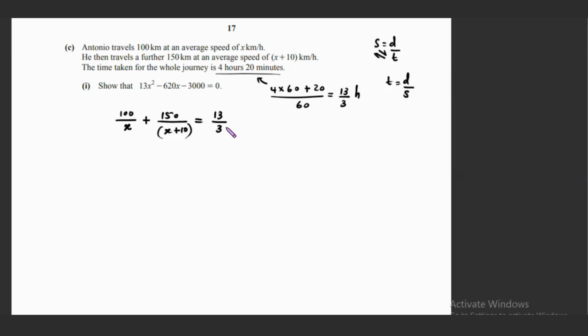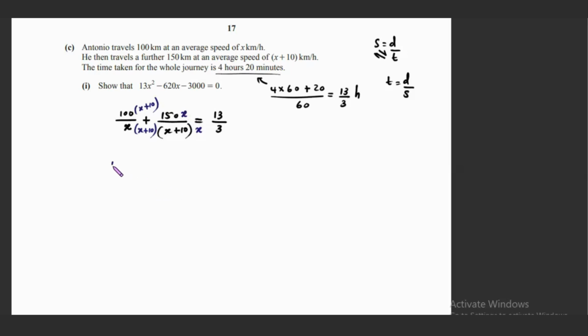Now I need to solve this so that I can rearrange it to get to the equation that is given. First I need to get rid of the fractions. To do that, I need to add these two fractions together, but we have two different denominators, so we need to make the denominators the same. I need to multiply the first one with x plus 10, multiplying the numerator also with x plus 10. The second fraction should be multiplied with x, multiplying the numerator also with x.